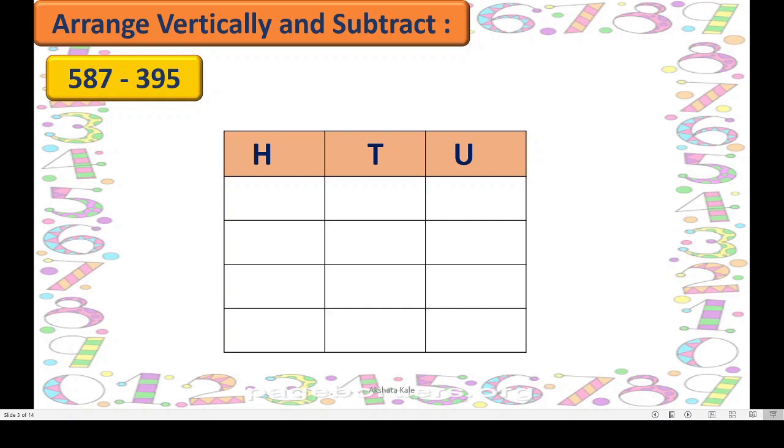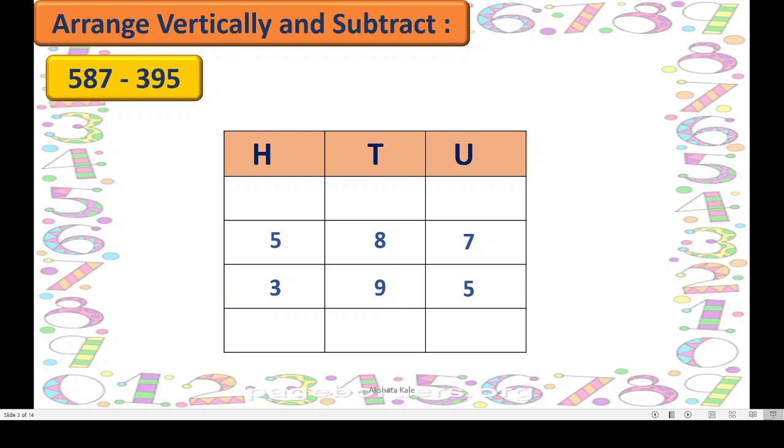See this table, it shows the vertical arrangement, means standing position. We will write first 587 according to their place values. Minus 395 below 587 according to their place value.